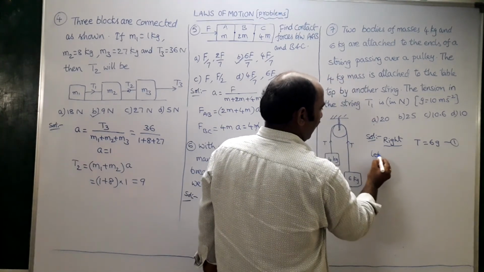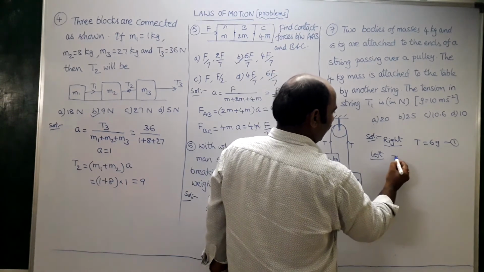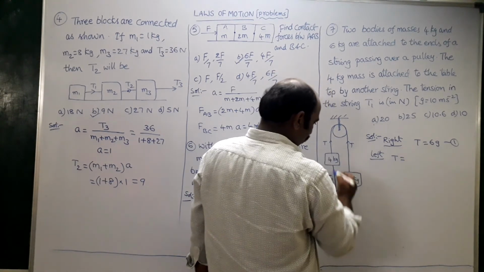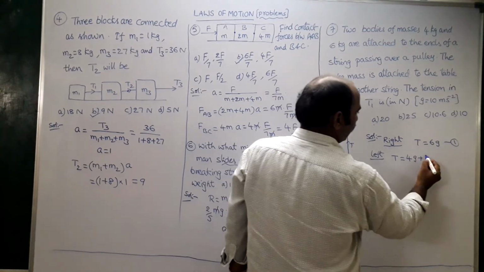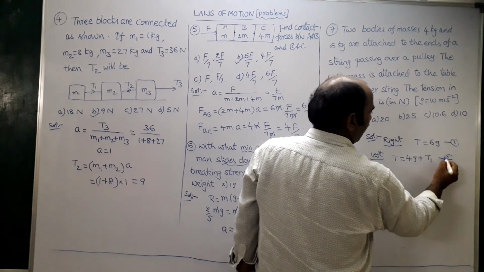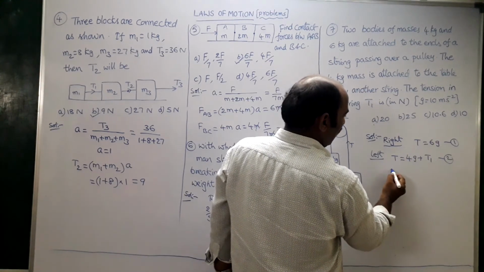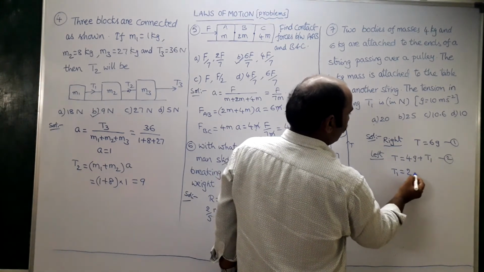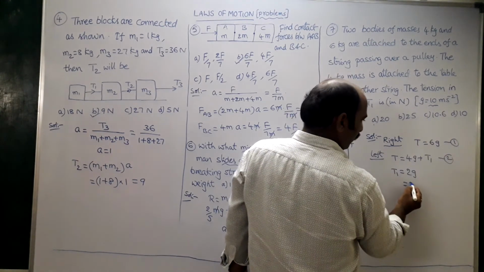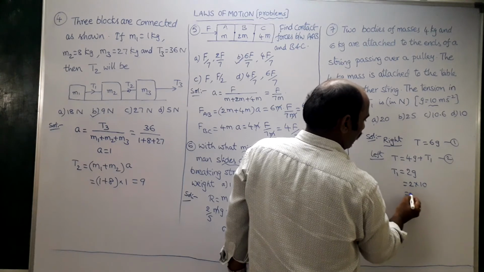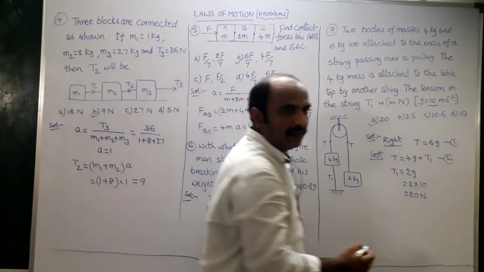And you see the left side, upward direction, T is equal to 4g plus T1. So this is the second equation. Solve these two equations, we get T1 is equal to 2g, and the g value is given as 10. So 2 into 10 is equal to 20 Newton. Right, option A is correct.